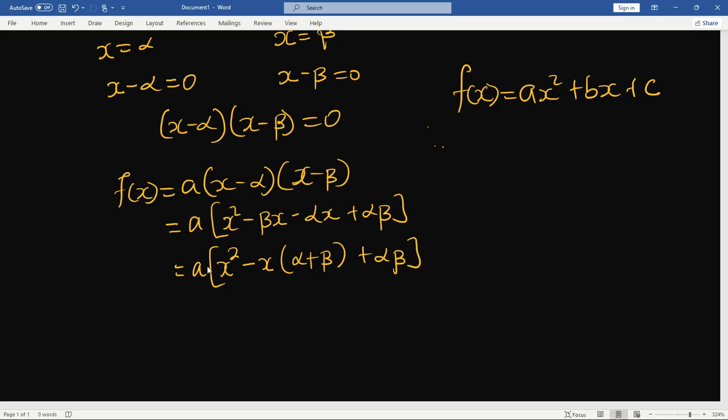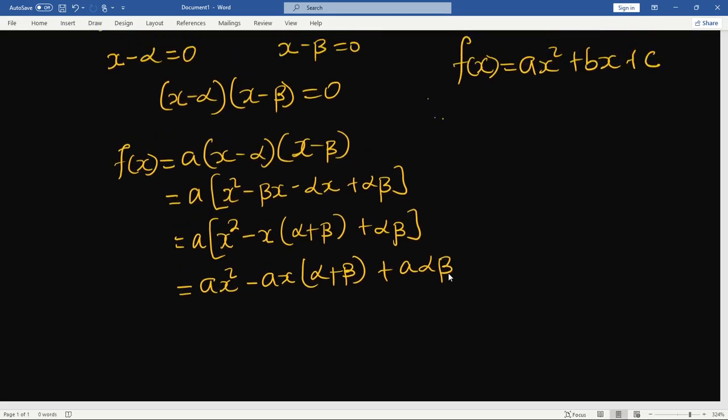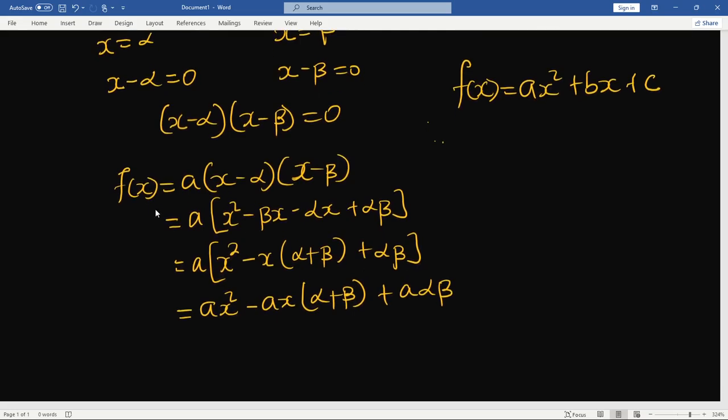Then we multiply this constant a throughout the expression. We have ax² - ax(α + β) + aαβ. Now, remember we have two expressions. We have that f(x) is equal to this, and f(x) this side is equal to this.